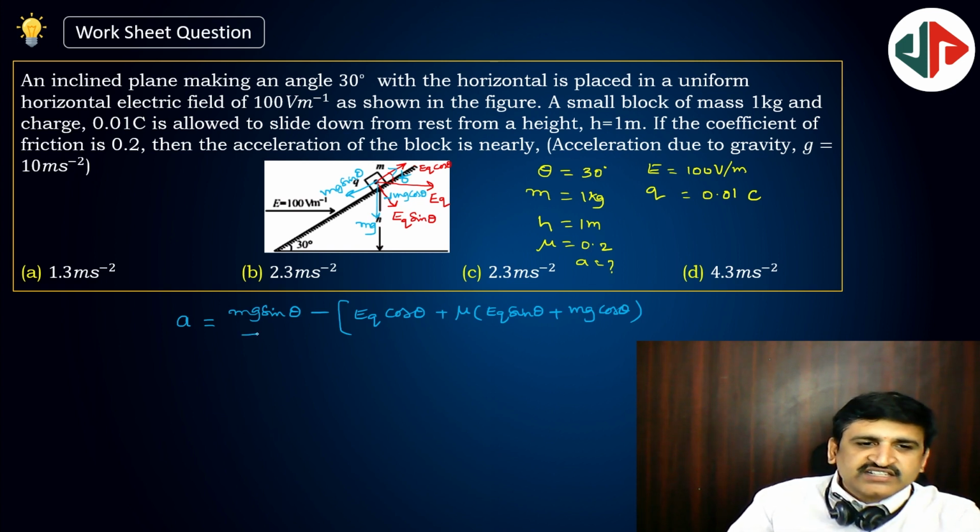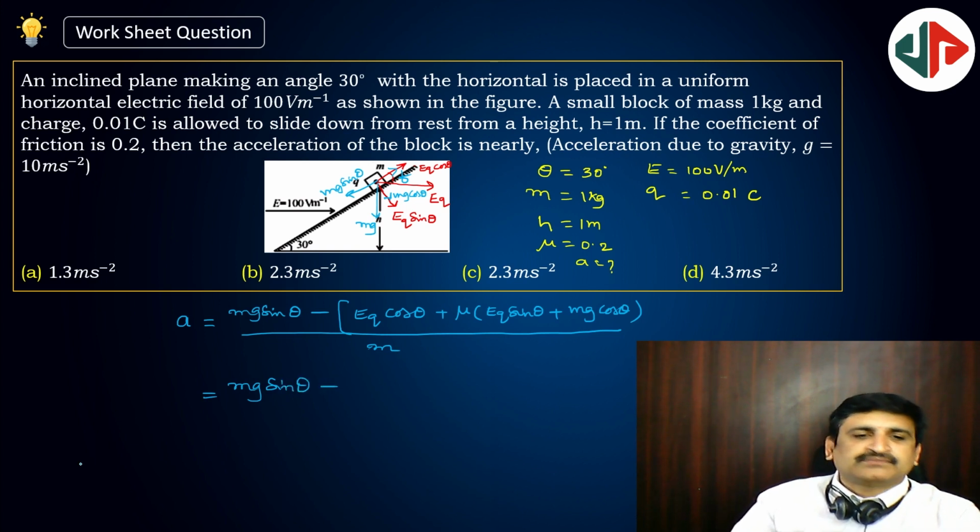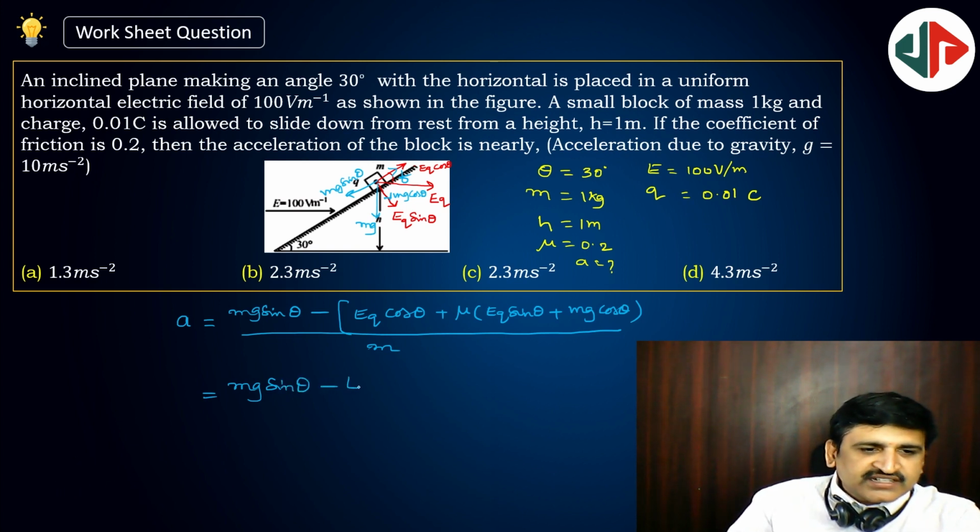So acceleration is equal to net force by total mass. So this will be mg sin theta minus EQ cos theta. I am splitting EQ cos theta; later you can substitute. Minus mu into EQ sin theta minus mu into mg cos theta.